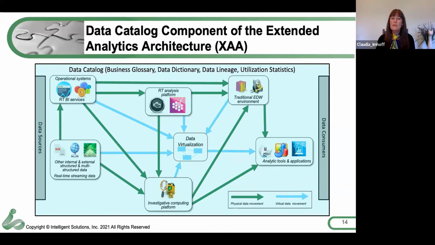It consists of a business glossary, a data dictionary, data lineage, a lot of the utilization statistics. And of course, it exposes all of the data and assets that are available, even if you don't have the proper access to get to them yet. I'll talk more about the data catalog in just a moment, but it's critically important that we understand that it is the storefront.